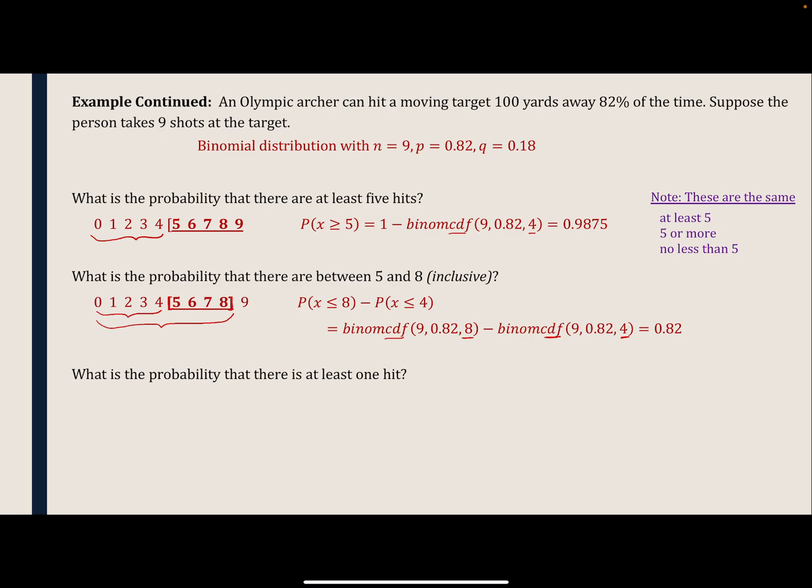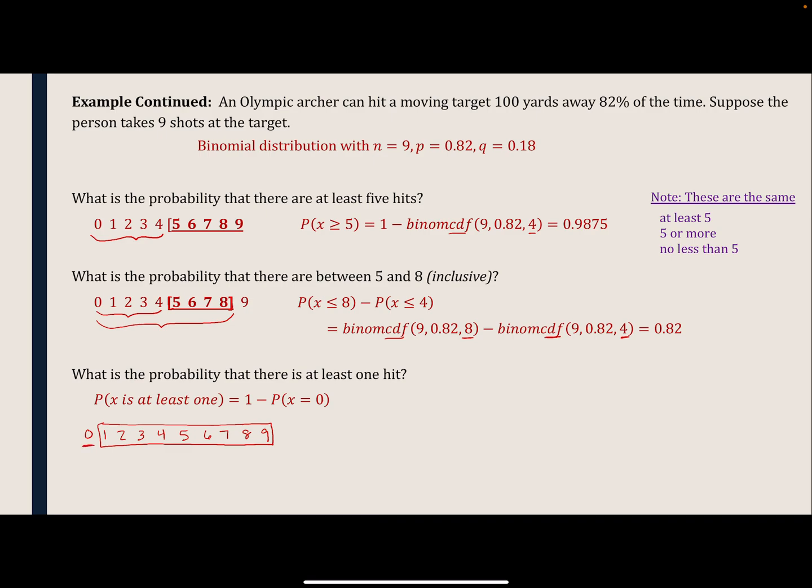And then finally, what is the probability that there is at least 1 hit? So at least 1 means 1 or more. Oh, I don't have a picture for this. So remember that if I'm looking at this range here, 1 or more, at least 1, the complement of this is 0.